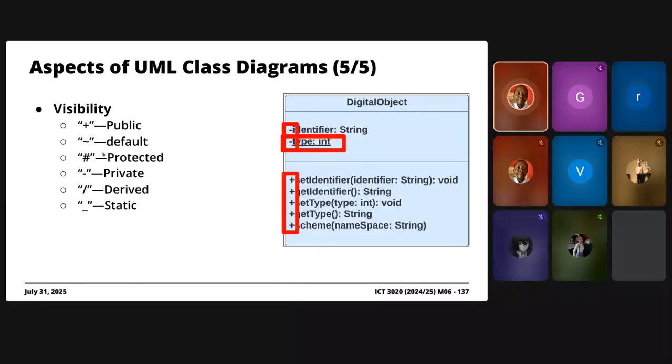So it turns out that the visibility can be of various types, like public, default, protected, private. The syntax is such that if the visibility is public, you use a plus sign. If it's default, it's a tilde. If it's protected, it's a hash. If it's private, it's a minus or a hyphen. If it's derived, it's a forward slash. If it's static, it has got to be an underbar. And this must make sense, right?